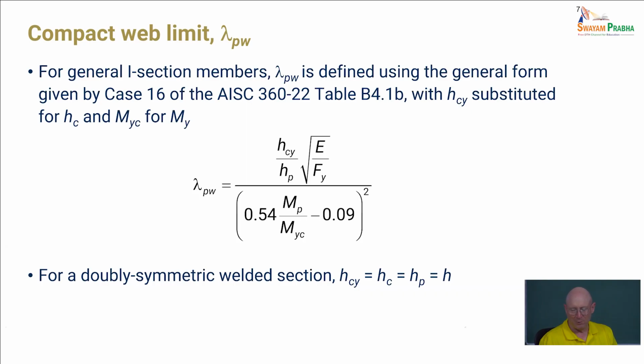But if you have sections with a relatively large MP to MY, you tend to get a lower limit for your plastic or compact web limit using this equation.